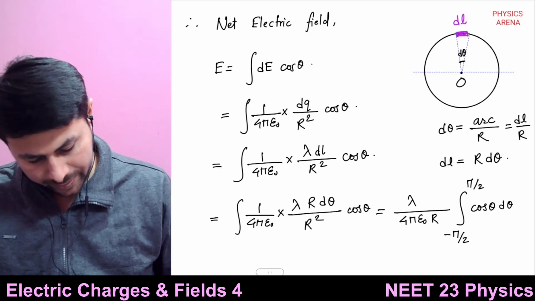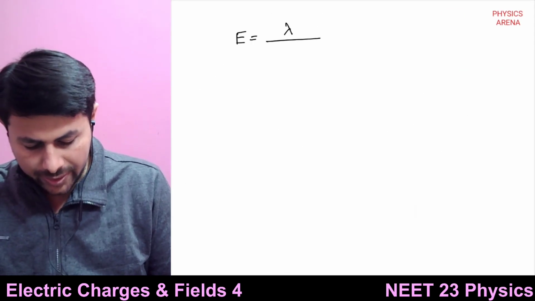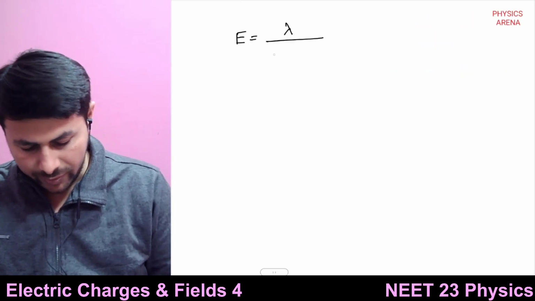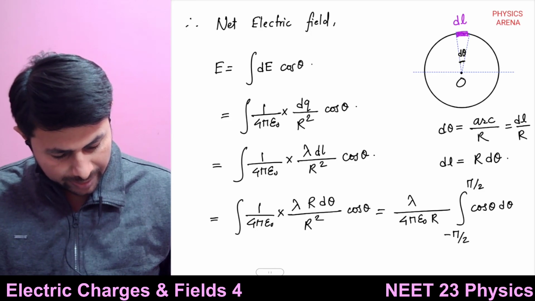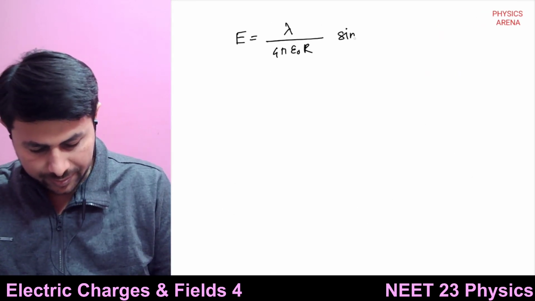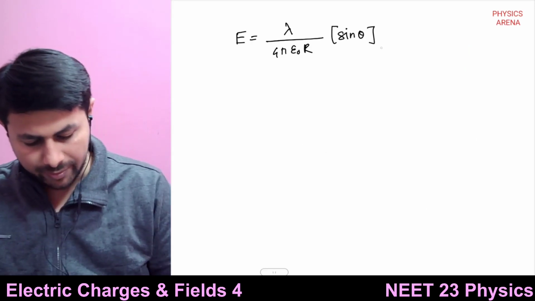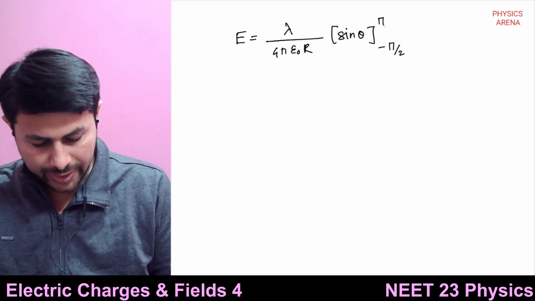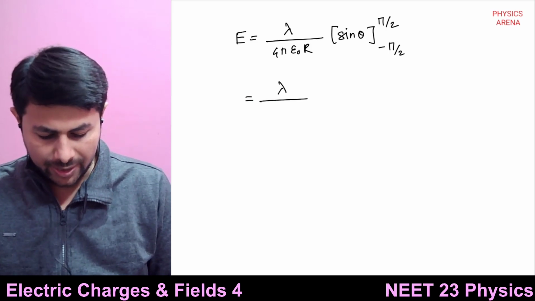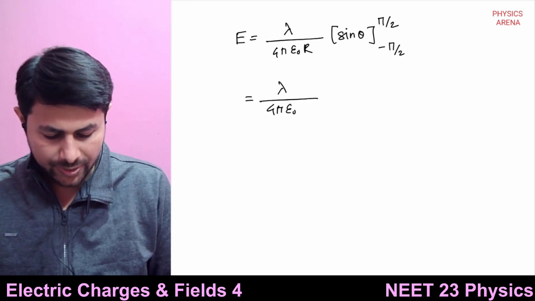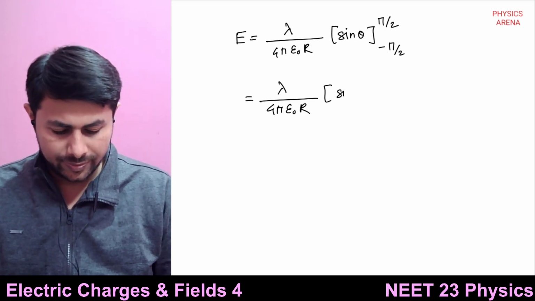So we have E equals lambda divided by 4 pi epsilon naught r multiplied by sine theta. And what are the limits? The limits are minus pi by 2 and pi by 2.